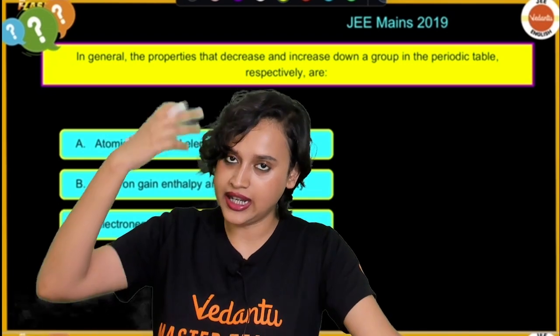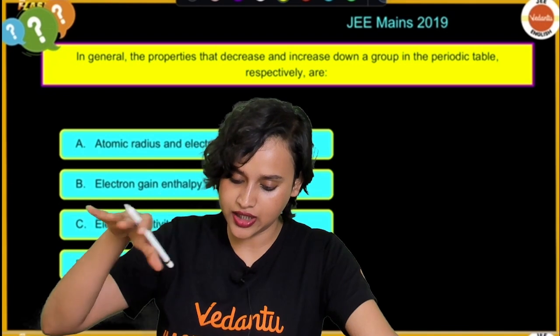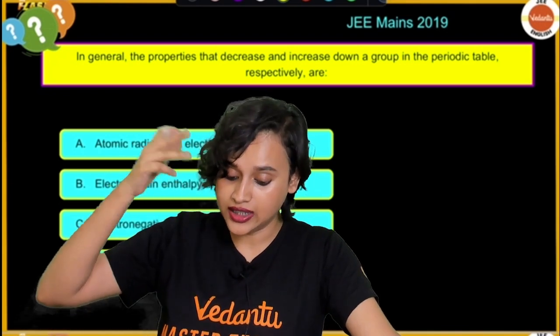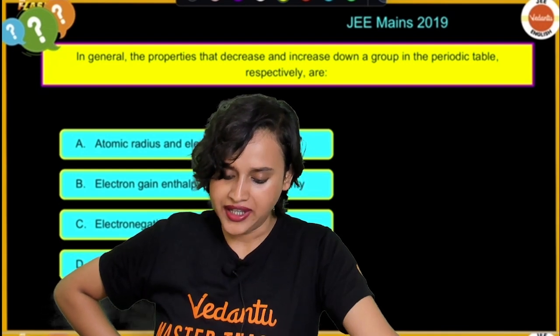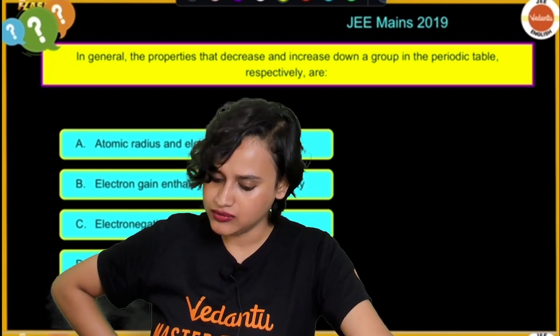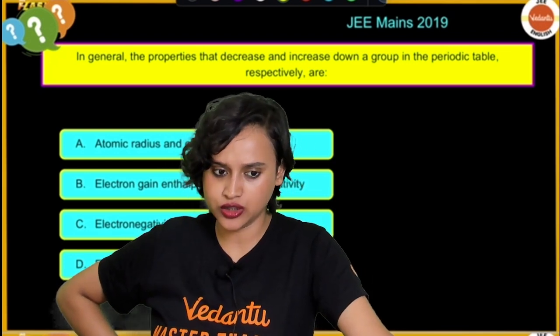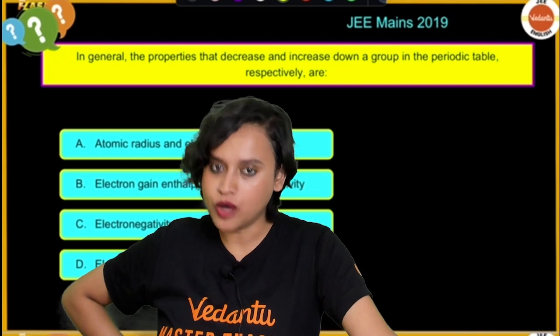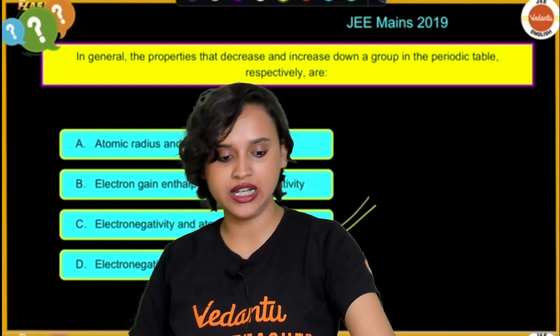If atomic radii increases, ionization enthalpy decreases, right? If ionization enthalpy decreases, that means electronegativity will decrease as we go down the group. And atomic radius increases down the group. So that means option C, electronegativity and atomic radius.